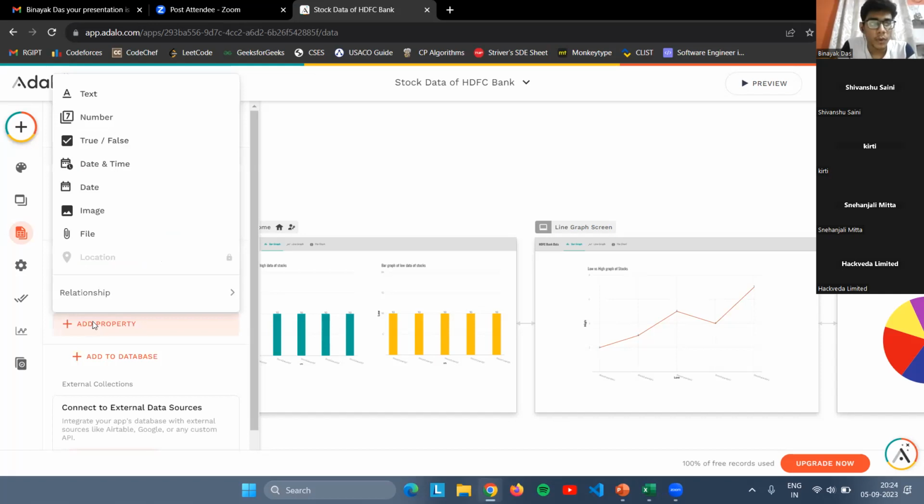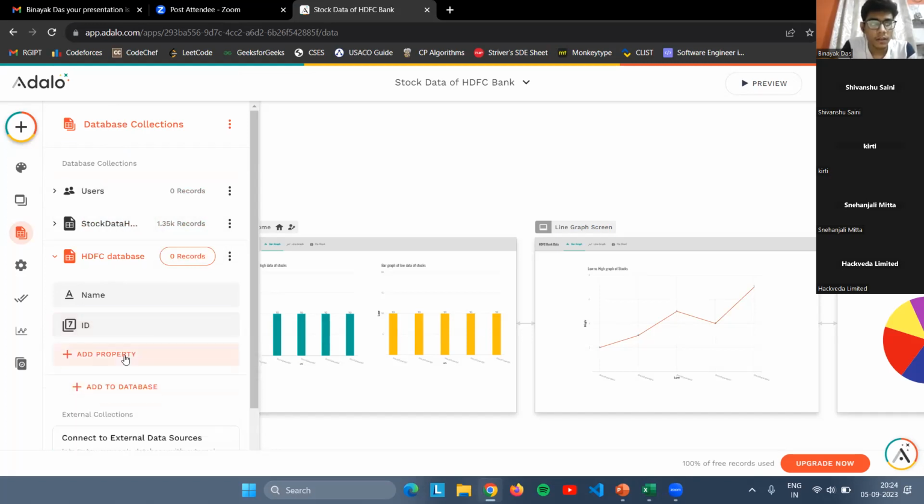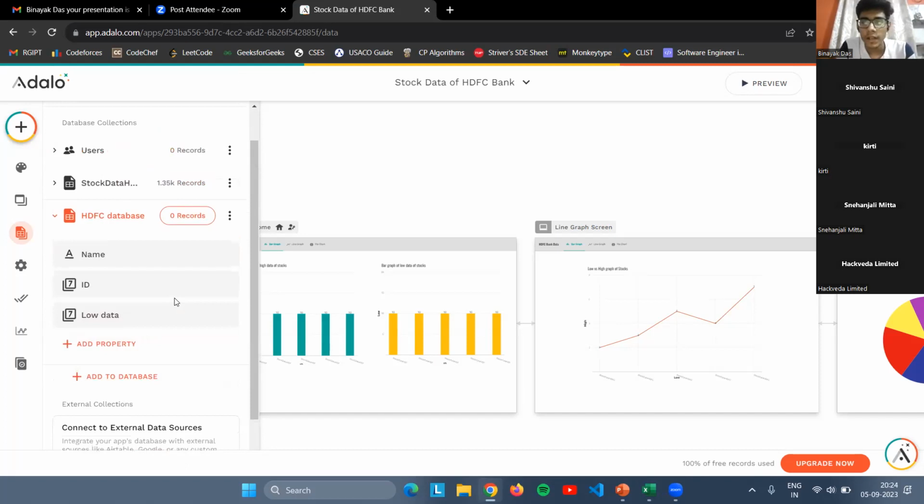We can add a property such as ID, then low data. In the same way, we can add other properties like high data, low data, volume and so on, which I used in the previous database.